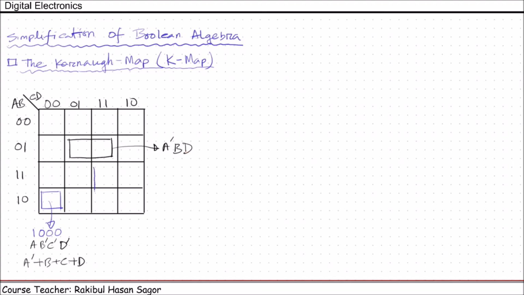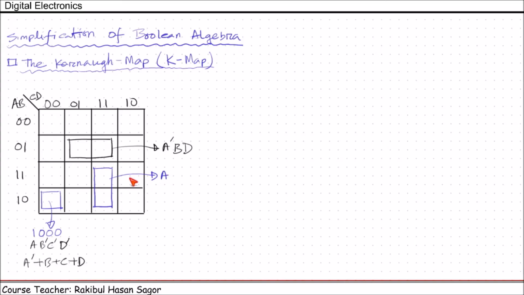Now let us see the name of this rectangle, the blue one. Here a equal to 1, a equal to 1. These two horizontal lines and one vertical line are covered. A equal to 1, a equal to 1, and b equal to 1, b equal to 0. B is having both the values 0 and 1. A is having 1. So we will write A. And we will ignore B as B is having both the values.